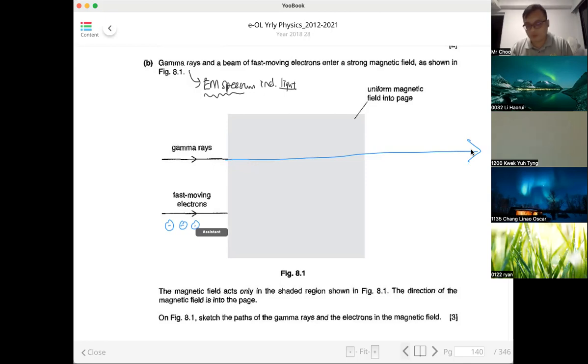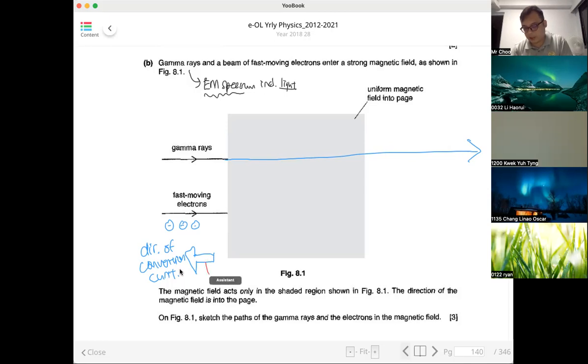If the electron is moving from left to right, what is the direction of the conventional current? It will be from right to left. Is that clear? If the electron is moving from left to right, the direction of the conventional current will be right to left.